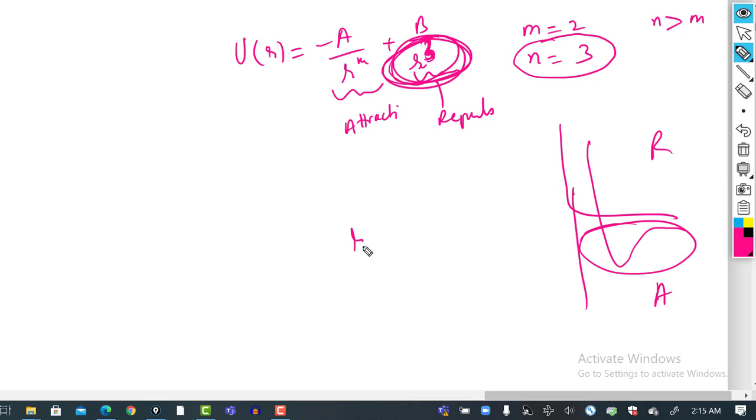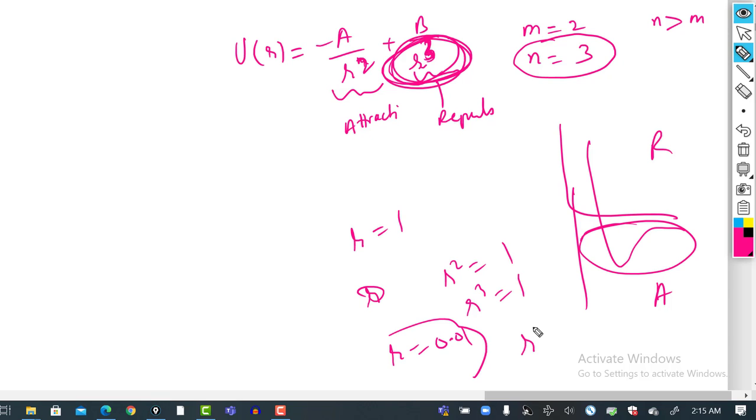You can see that if r is 1, let's compare r square and r cube. So r square will become 1 and r cube will become 1 only. Now if r becomes smaller, let's say 0.01, now if you solve r square, and r cube is going to be what?